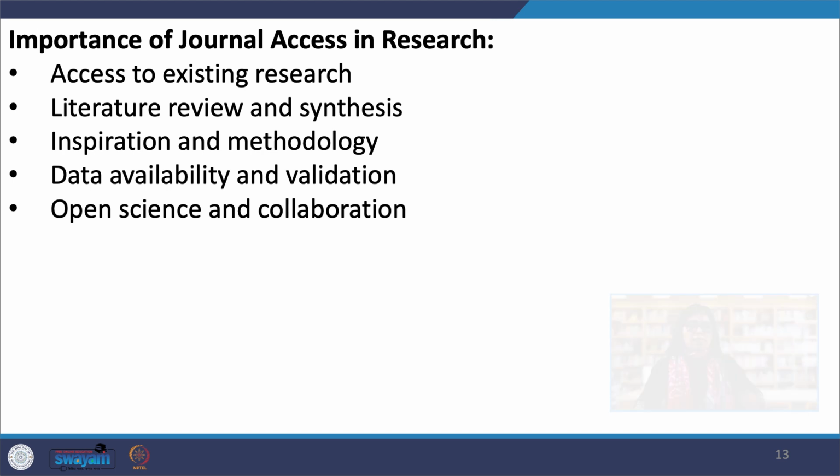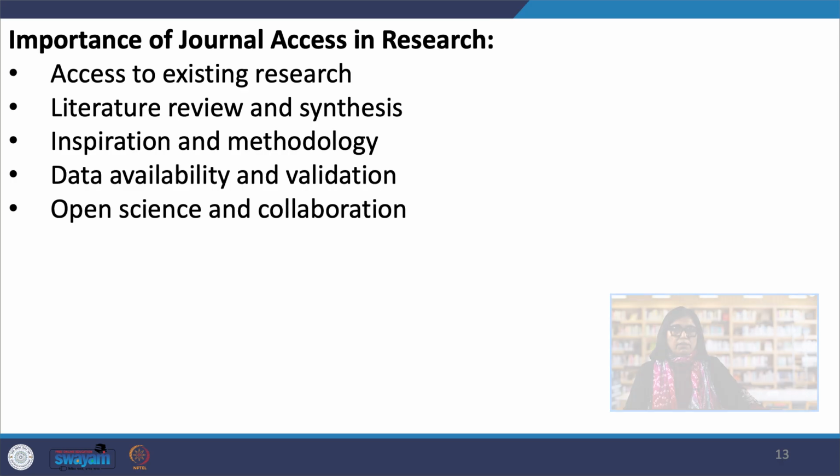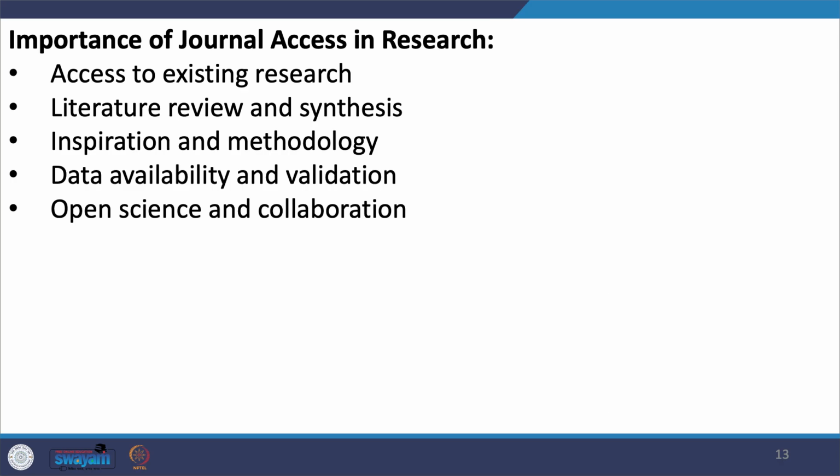Data availability and validation: some journals require authors to provide data access and retention, enabling researchers to validate findings and conduct replication studies. Open science and collaboration: open access journals promote open science by making research accessible to a wider audience, fostering collaboration and knowledge sharing.